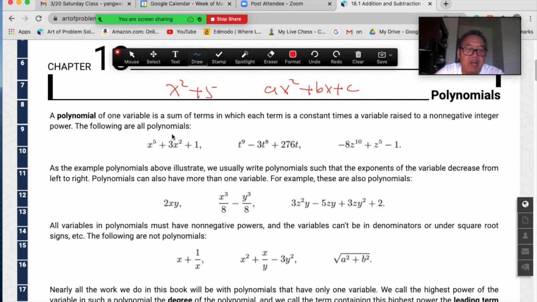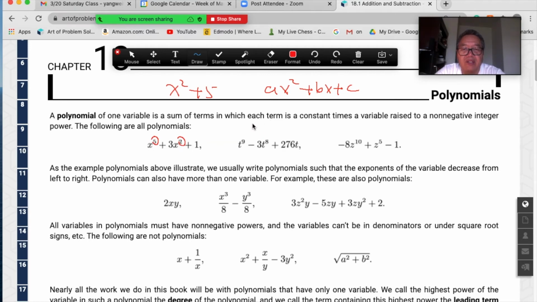Okay, you can also have more than one variable. Then they're the sum of terms in which each term is a constant times a variable raised to a non-negative integer power. So you have these powers. The power should be non-negative.